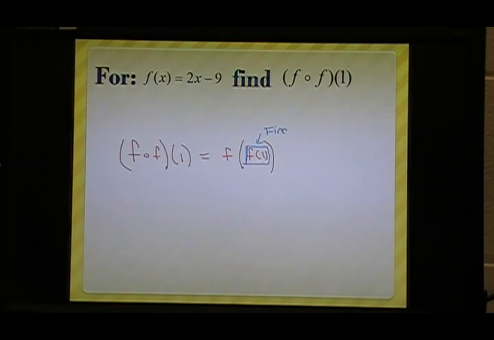Right? We want to find this first. So finding the value of f of 1, we have f of 1 is 2 times 1 minus 9, or negative 7. So, since f of 1 is negative 7, I'm just going to replace it.